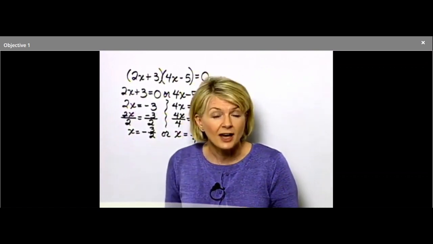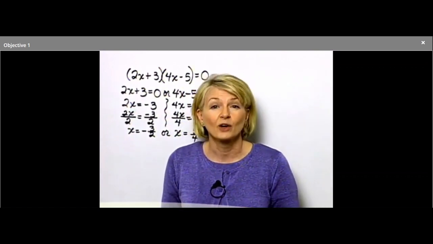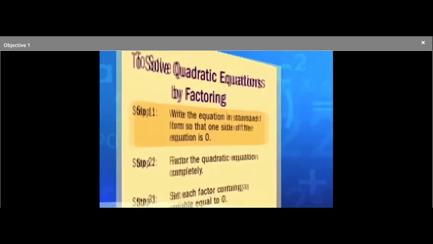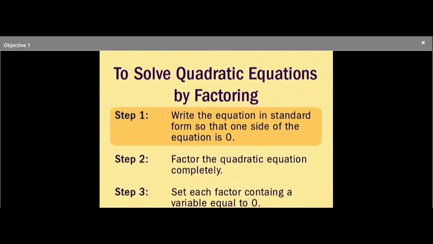Let's now look at some steps we can take to solve a quadratic equation by factoring. Step 1, write the equation in standard form so that one side of the equation is 0. Step 2, factor the quadratic equation completely.